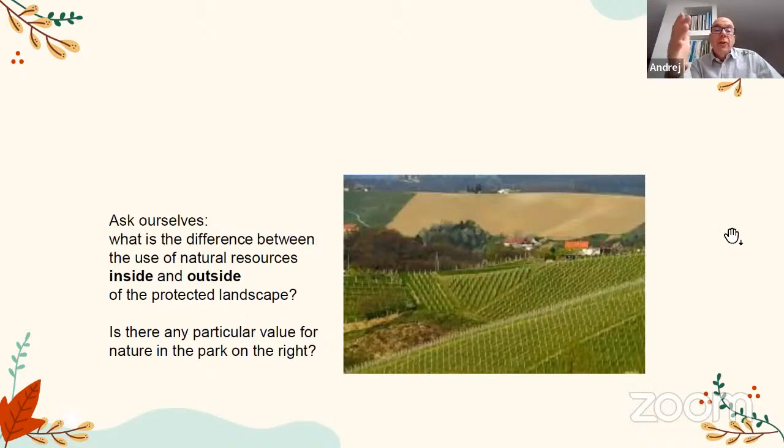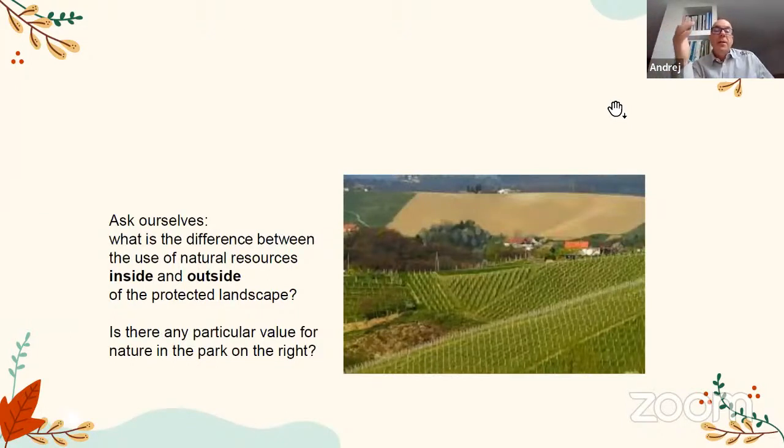So my question to you is, is there any particular value in such a dramatically used area? There's actually almost no natural area in what you can see, except the very intensive vineyards, very intensive agriculture without any solitary trees or just a few bushes. All in all, it's really an intensively used landscape for agriculture.